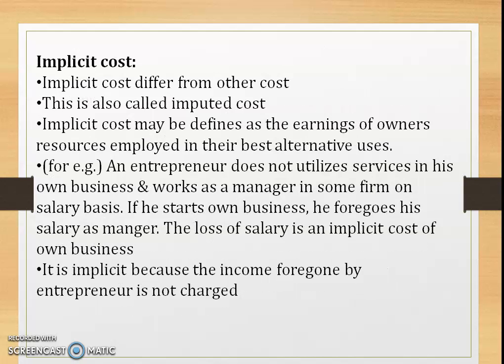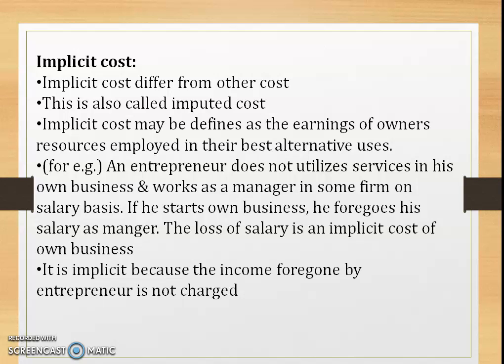So let's see the implicit cost. This is not a direct cost. It is not recorded in the company's account book. Right? So let's see what it says. Implicit cost differs from other costs. This is also called imputed cost. Implicit cost may be defined as the earnings of the owner's resources employed in their best alternative uses.